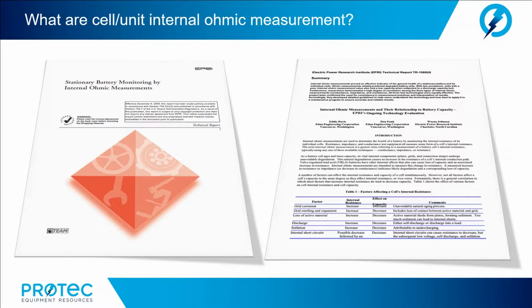The studies indicate that internal ohmic measurements were in fact a good indicator of a lead-acid battery cell's capacity. But because users were often interested in the total station battery capacity, and the technology of ohmic trending does not precisely predict overall battery capacity, if a user needs an accurate measure of the overall battery capacity, they should perform a battery capacity test.